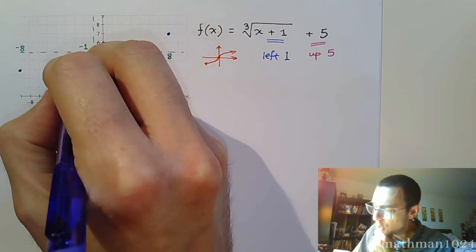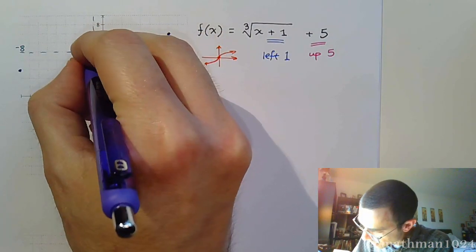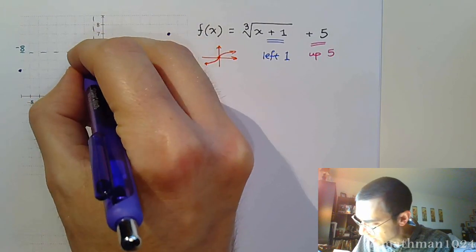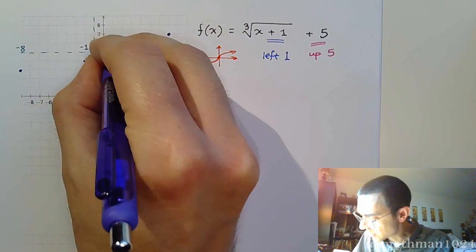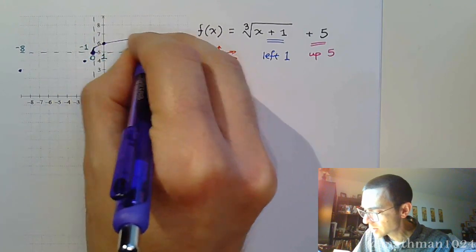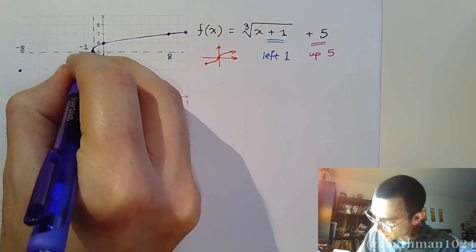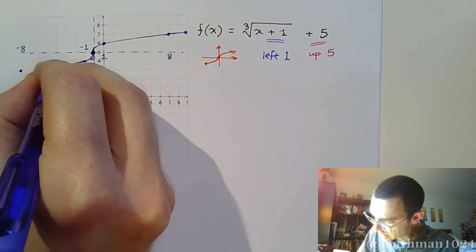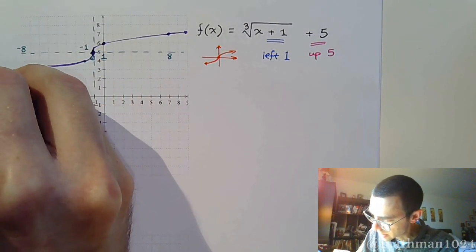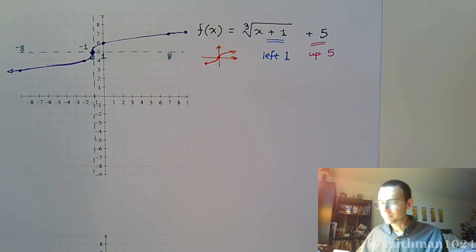Now, for the cube root function, it's vertical right here instantaneously, and it's going to go up and curve out very sharply to the right, and it's going to go down before it curves out to the left, like that.